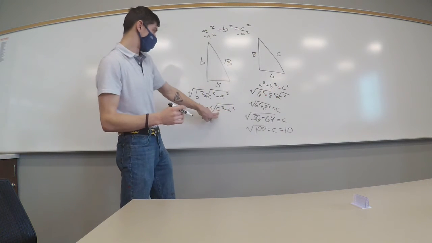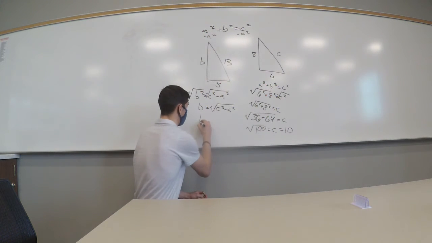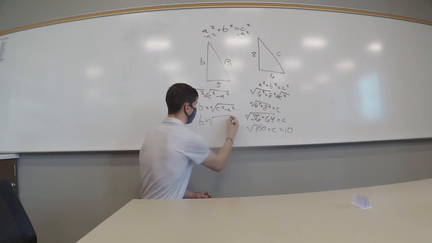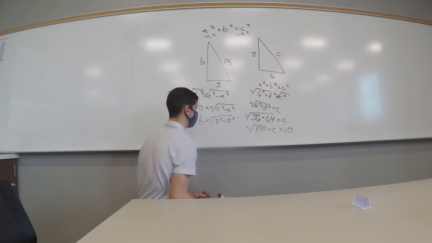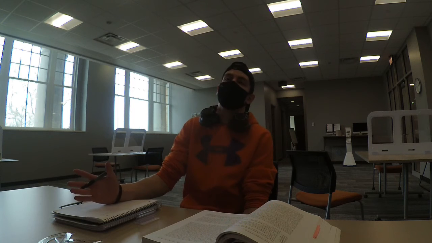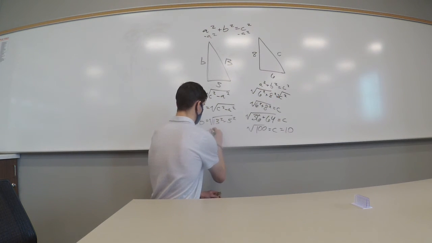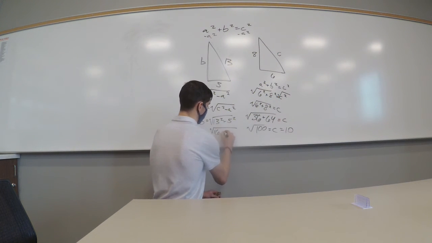Well, we know that C is 13 and A is 5, so B is equal to the square root of 13 squared minus 5 squared. Again, dude, I'm no human calculator like you. That just happens to be... Well, 13 squared is 169, and 5 squared is 25.